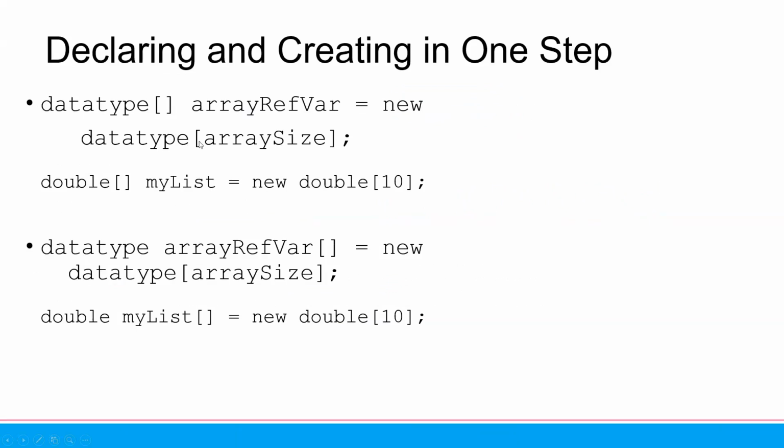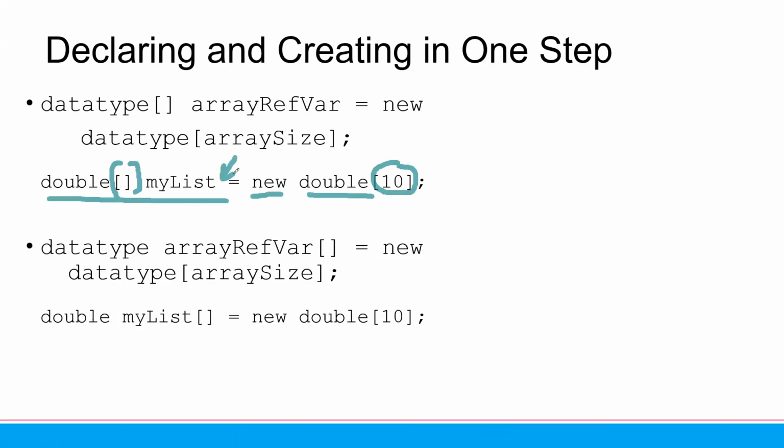You can declare and create in one step. It means if I declare my list with this format, double with the square bracket, and then I have new double 10, then I would like to have my list.